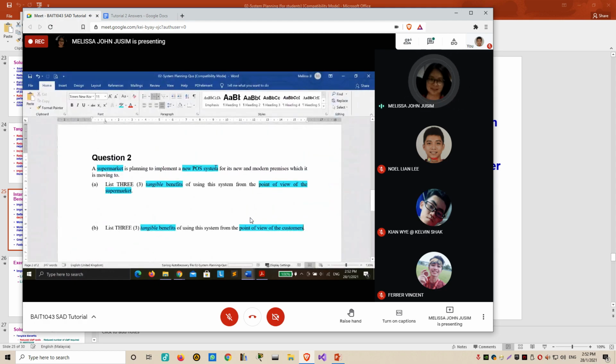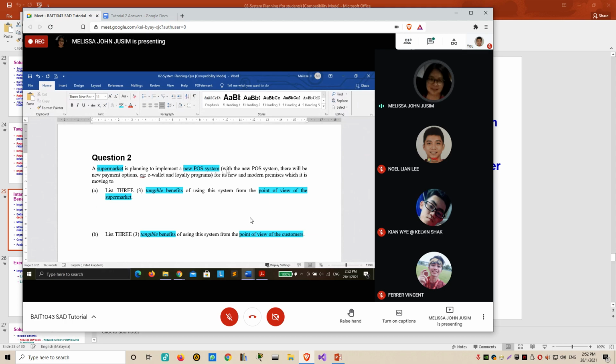So for the new point of sale system, when you put your answer, you can write: with the new point of sale system, there will be new payment options, for example through e-wallet, and loyalty programs.